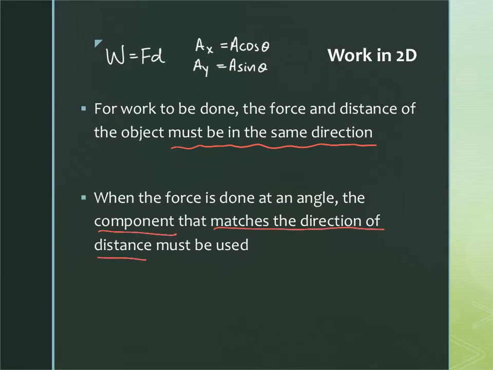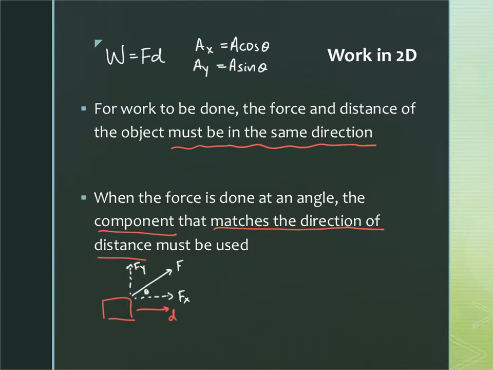So if, for example, you have an object being displaced horizontally and your force is being exerted at an angle, it's going to have both a horizontal component and a vertical component. The one that's useful is the horizontal component, so we have to use that force in order to find the work done.